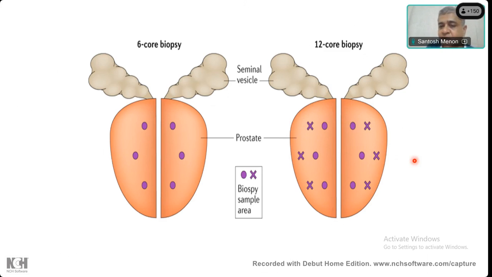And like Srinivas also said, you may have a cancer here which finally becomes a Gleason 3, but a tumor at the apex may be a Gleason 4, a grade group 4 or a higher grade cancer. So what we are trying to find is the highest grade of the cancer.